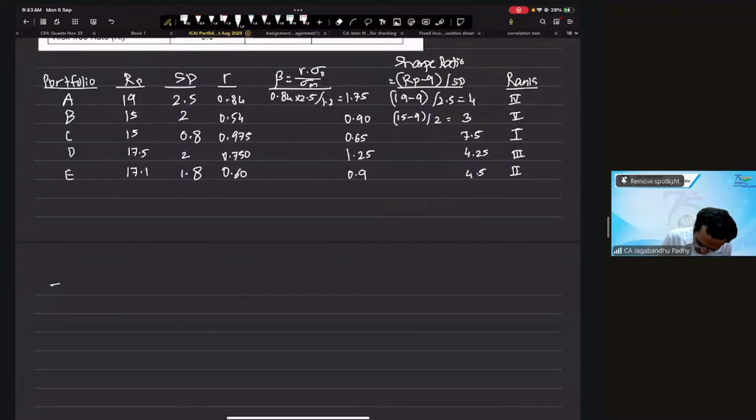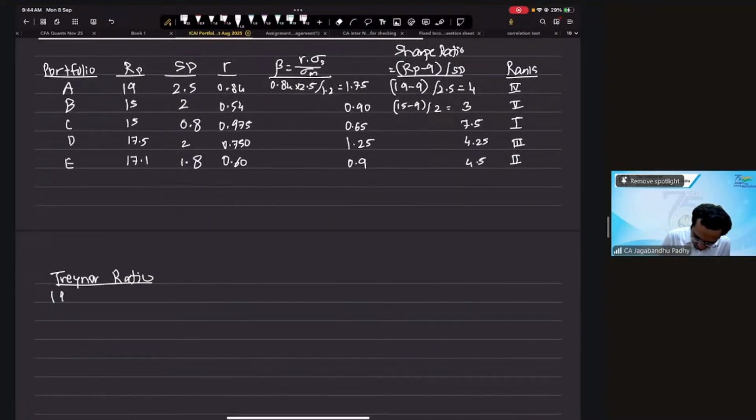Now, if you want to compute the next one, which is the Treynor ratio. Treynor ratio will be return of portfolio 19 minus risk-free 9 divided by beta 1.75. So what's the Treynor ratio? 5.71.